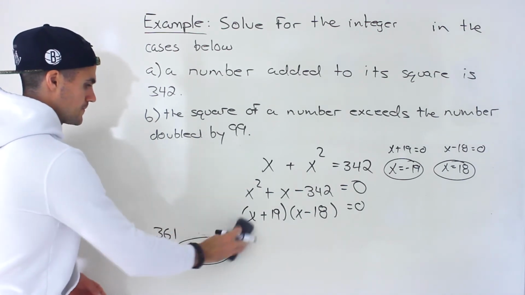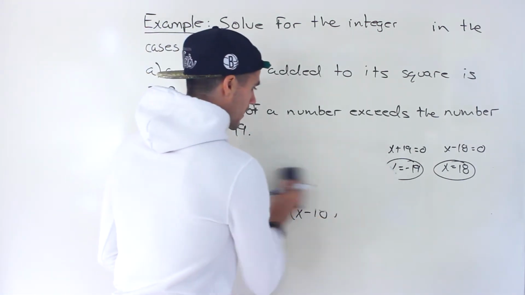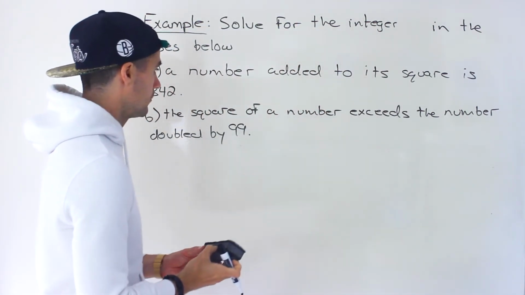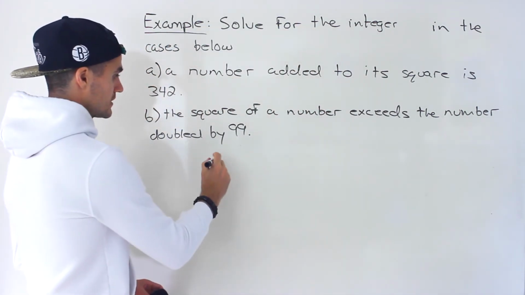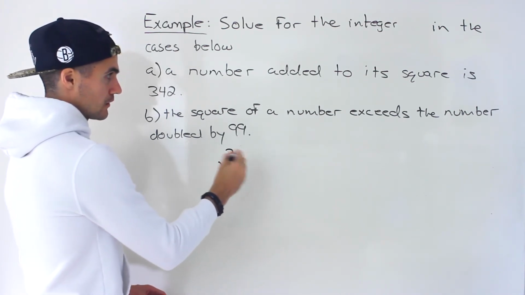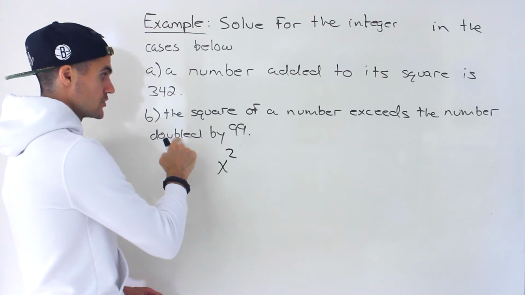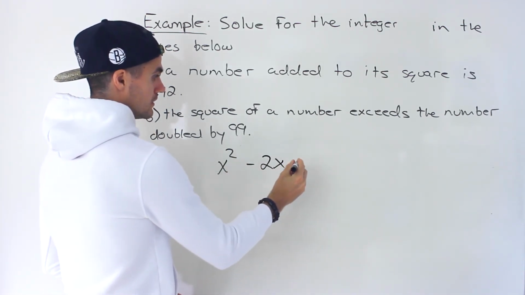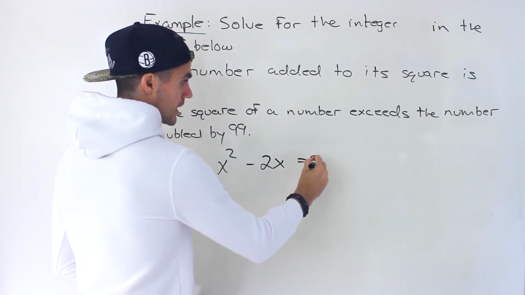Now in part B, we're told that the square of a number exceeds the number doubled by 99. If we take the square of a number, that is going to be larger than, or exceed, the number doubled. If we take that number and double it, the difference between those is going to be 99.